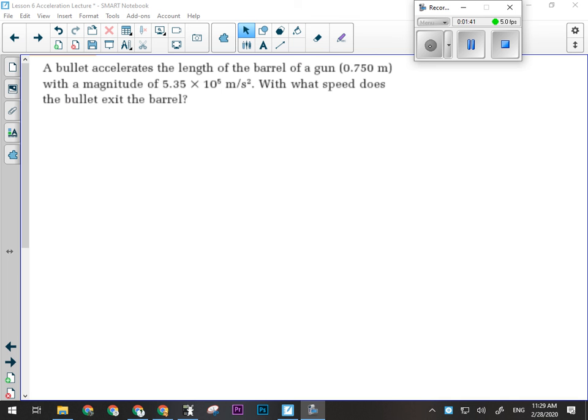Now, in case you don't know how a gun works, when you pull the trigger, a little hammer comes forward and strikes the round. Inside the round is where the gunpowder is. The gunpowder is detonated; it explodes. An explosion produces expanding gases, and those expanding gases are trapped within the barrel of the gun.